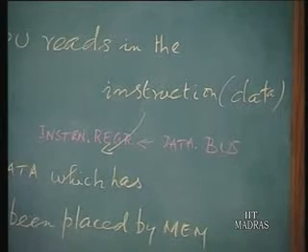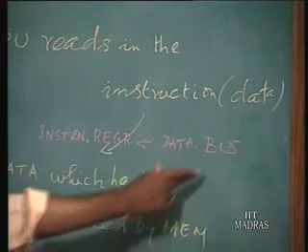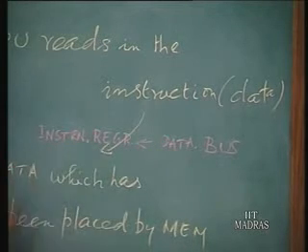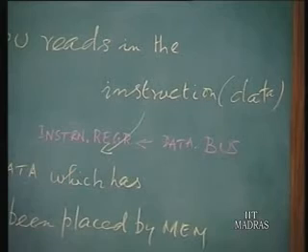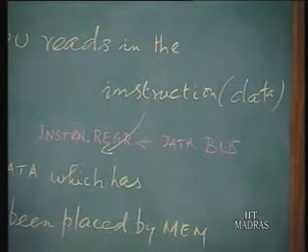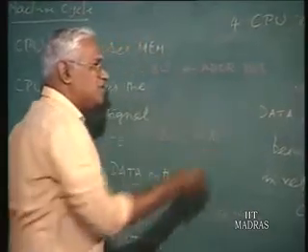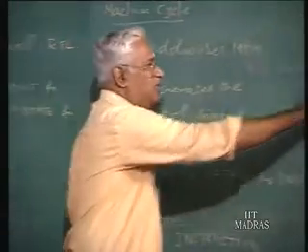Now do you see the register transfer activity? Some part of the bus is going into a register. This is the basic activity. Similarly, the CPU placing the address may come from an address register of the CPU. Some address register of the CPU, it goes into the bus.